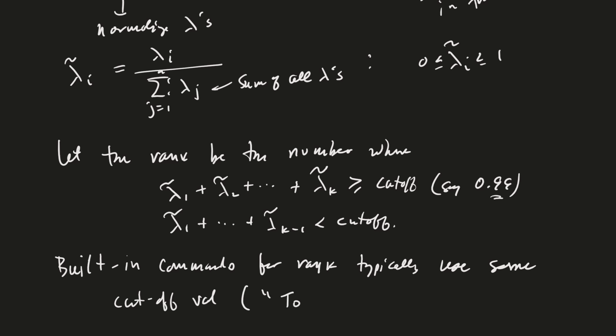They'll usually call it a tolerance, TOL, and it's usually something like machine epsilon, about 10 to the minus 16th in MATLAB, times m or n, depending on which number is bigger, and they'll use that as their tolerance level.